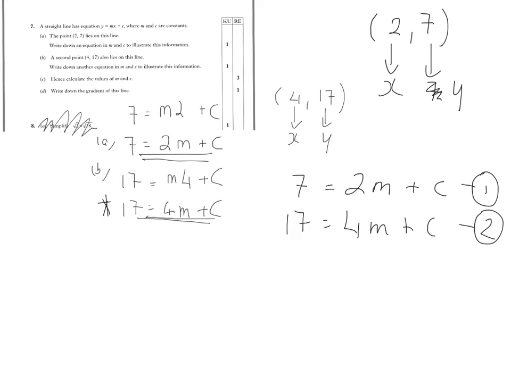Now, pretty straightforward. We're going to look to get rid of the c's. Since the signs are the same, remember your rule for simultaneous equations: when the signs are the same, you subtract. So I could do 1 take away 2, but I'm going to do 2 take away 1 because that will avoid involving negatives.